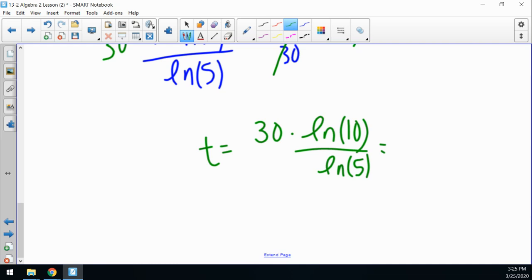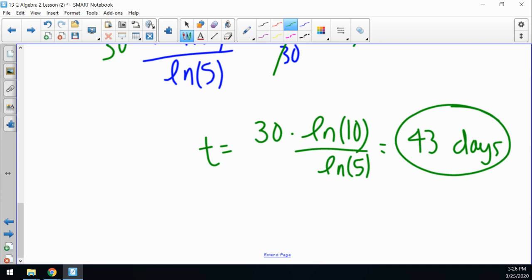And I get approximately 43 days. So, although it took 30 days to reach 50, it would only take 43 days to get to 100. It grows so much faster, which we know because it's exponential growth.